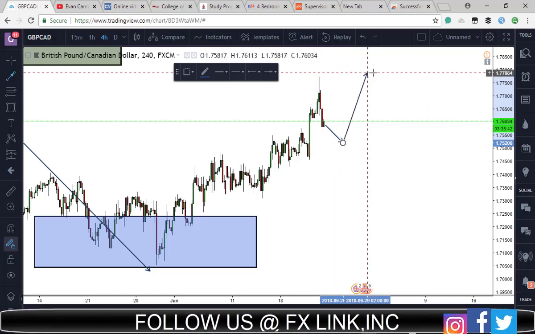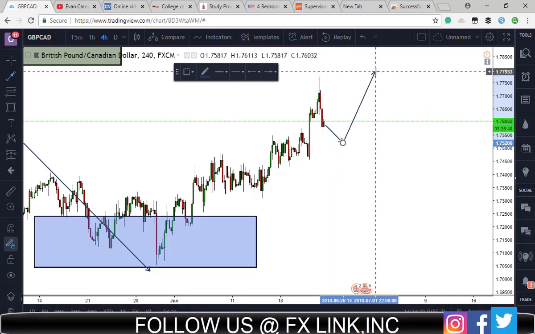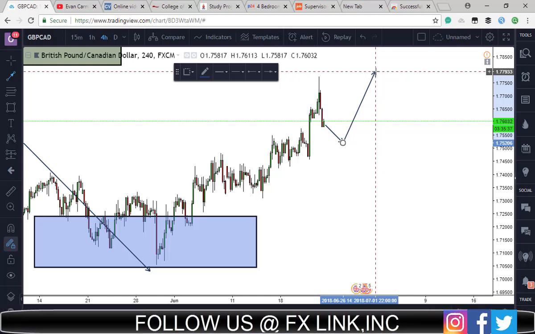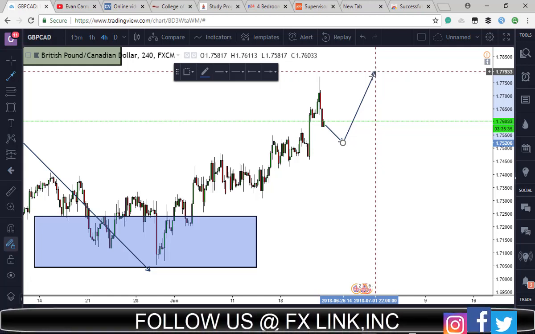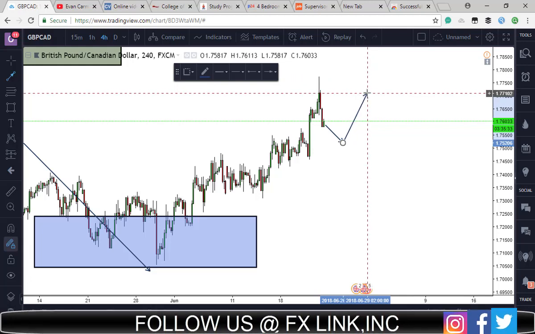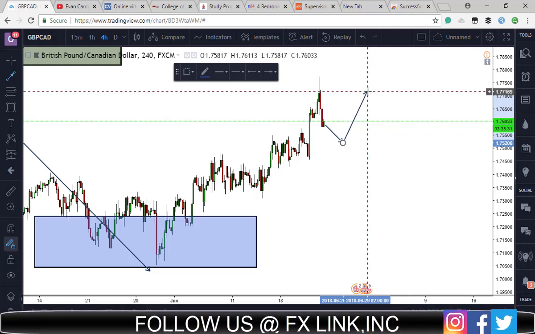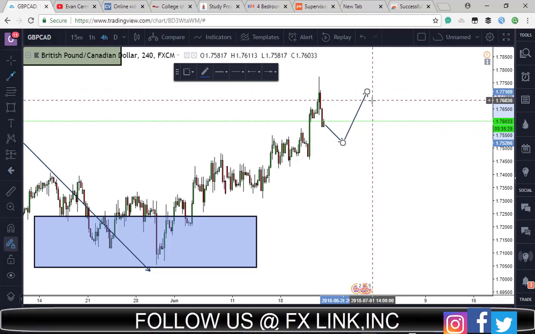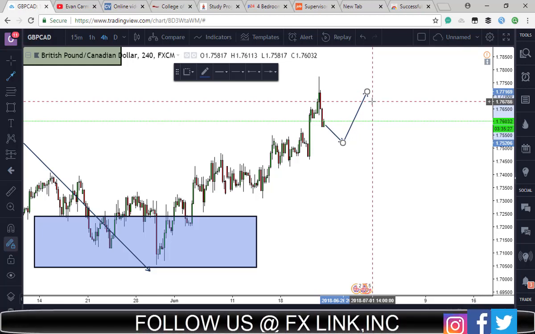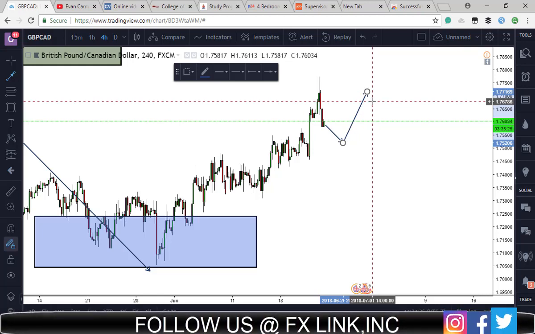If ever we do get a higher high, higher close, and you're already in the trade, then I'd close the trade. So if we do get a push to this area and a valid double top, lower low, lower close, then this will be another place where you are likely to enter the market.